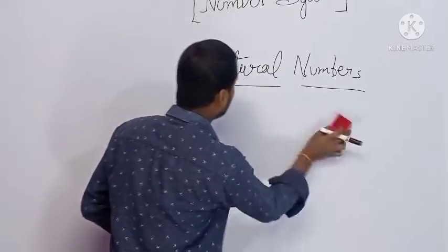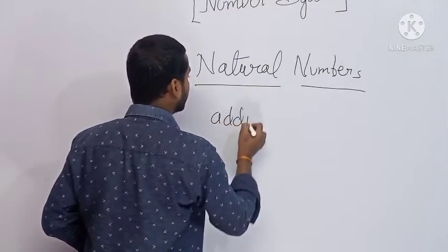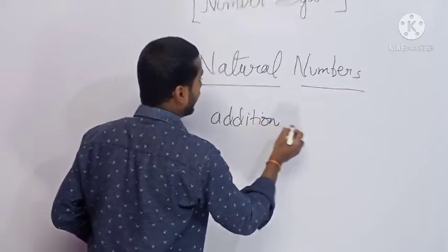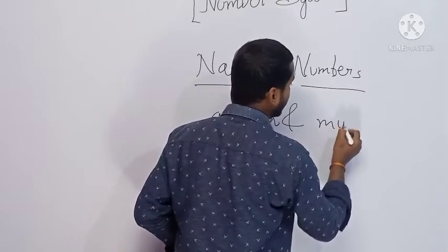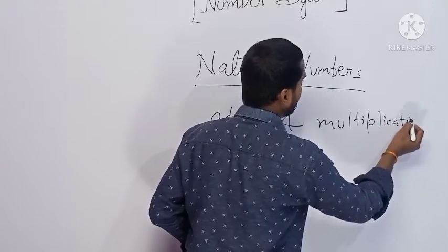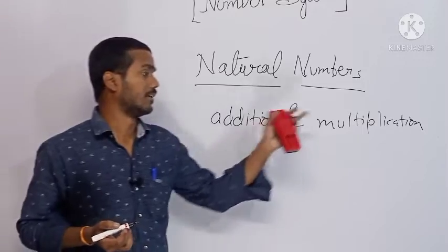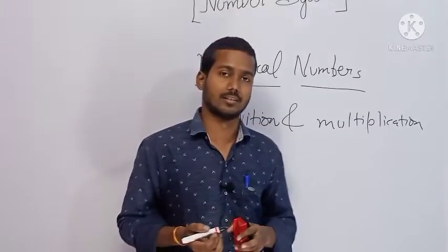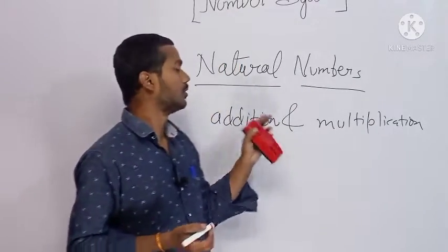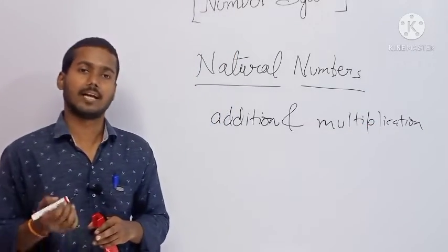Now we can conclude that addition and multiplication of two natural numbers give a natural number as a result. After adding two natural numbers and multiplying two natural numbers, we get a natural number.